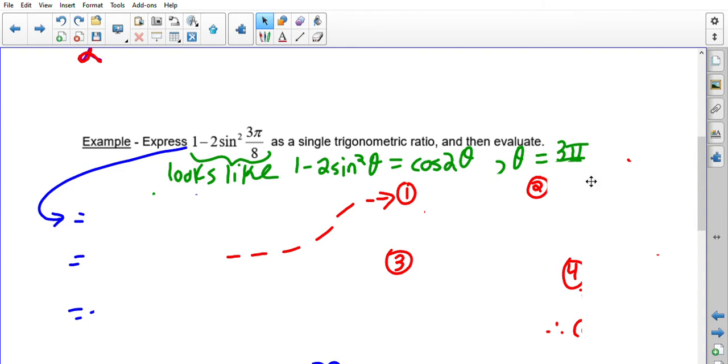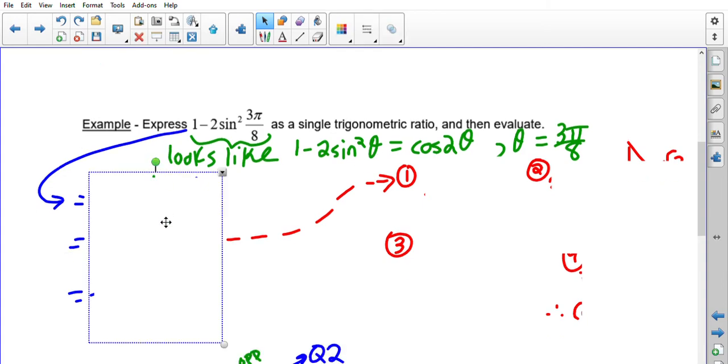But obviously here, the theta value has been replaced with 3 pi over 8. So remember, this is just one of 3 variations of cos 2 theta. So you have to be able to recognize all 3 of them.